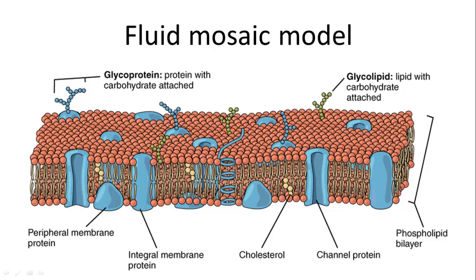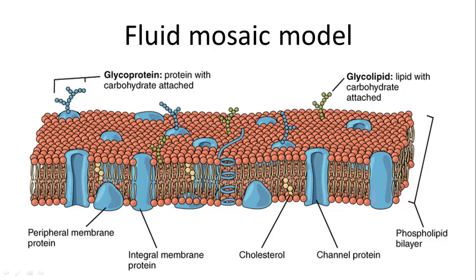In actuality, these proteins and different phospholipids and glycolipids, all these things that are within this lipid membrane are moving and developing, and maybe some parts are being removed and some added in depending on the development and age of the cell. It's a mosaic in that it has a lot of different parts that are put together. So some of these include proteins. You have a channel protein listed here.